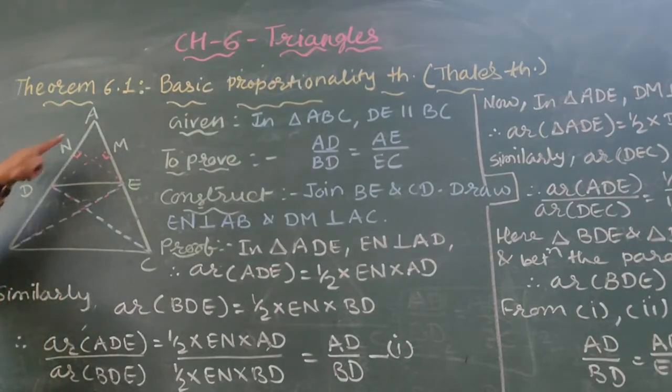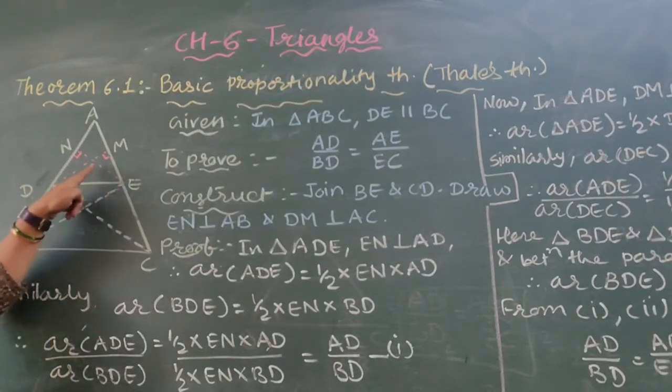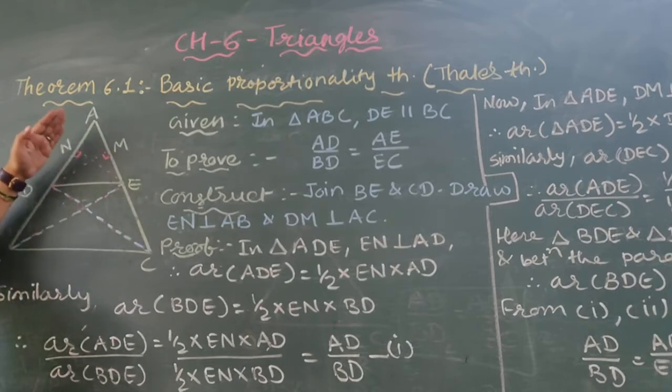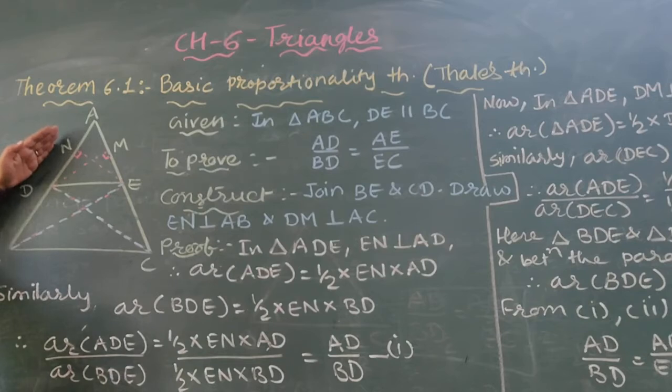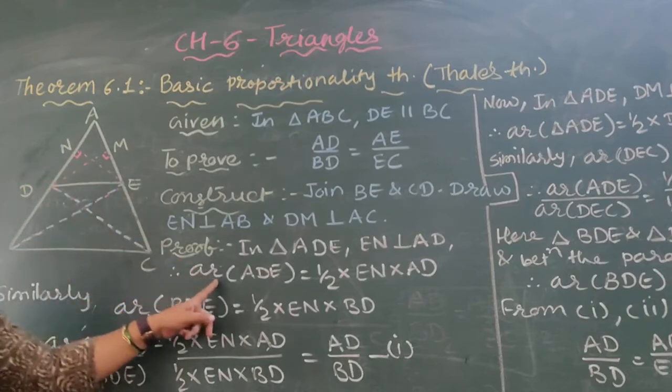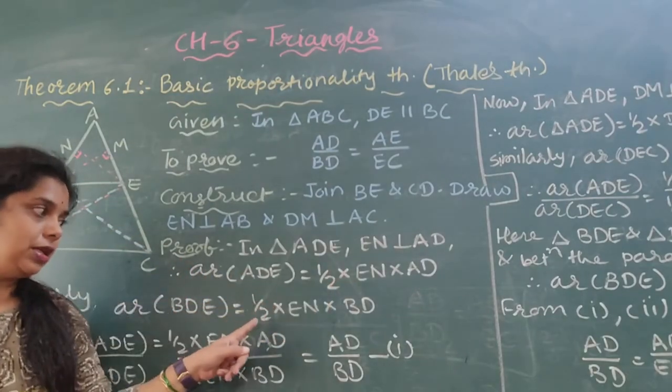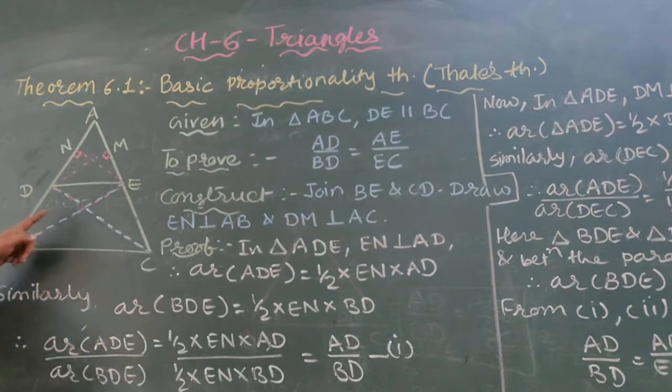Here I have taken first triangle ADE at the top, and I have taken the left hand side portion. Left hand means AD as a base, and if I take AD as a base, then the altitude must be EN, and therefore I have taken half into EN into AD. The other triangle is BDE, whose altitude is again EN.